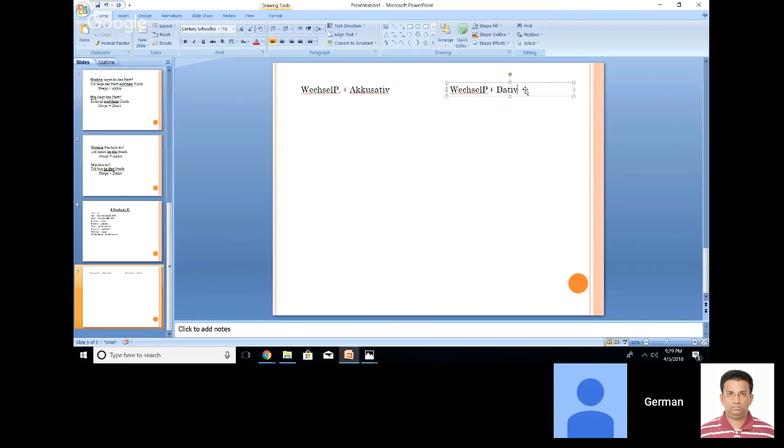As I mentioned earlier, there are a few verbs which usually take the accusative case and the ones which take the dative case compulsorily.